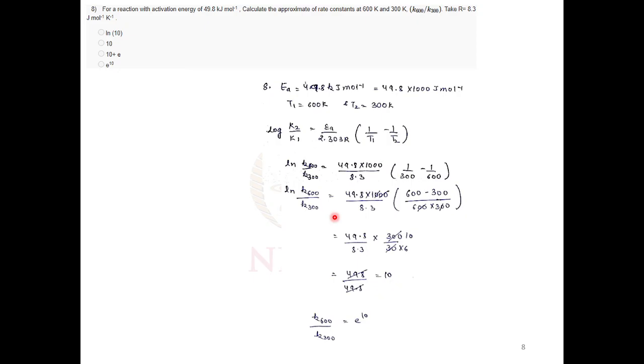Here you need to find out this rate constant.